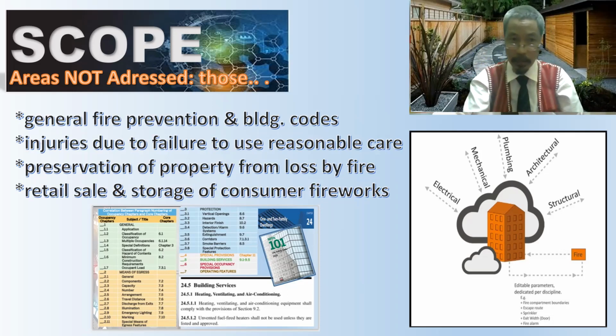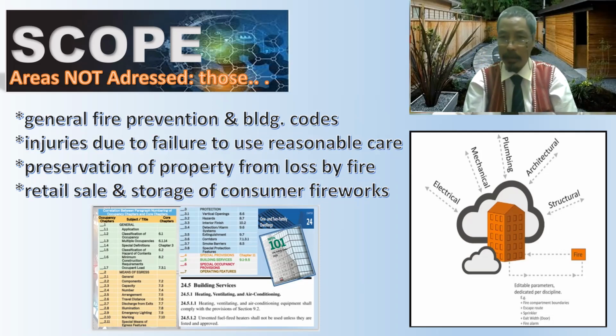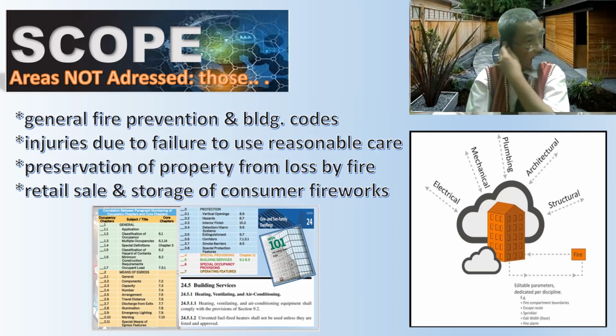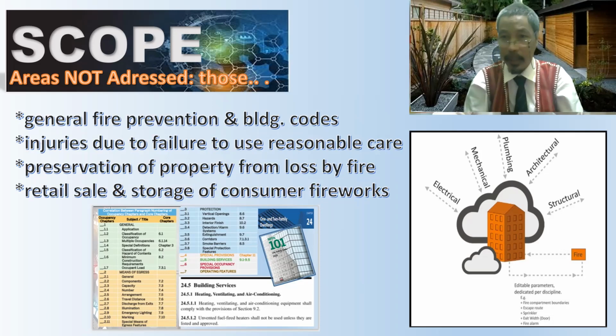For example, there is a general fire prevention code in some countries. I think in our country we don't have one, but in other countries there are fire prevention codes, and they are spelled out as a policy for everybody or the occupants to follow.